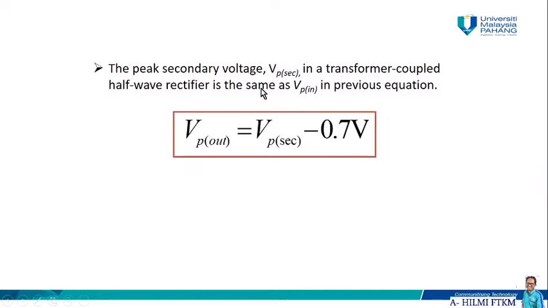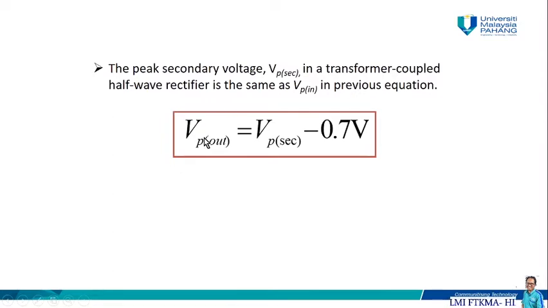The peak secondary voltage Vp secondary in a transformer coupled half-wave rectifier is the same as the peak input voltage in the previous equation.